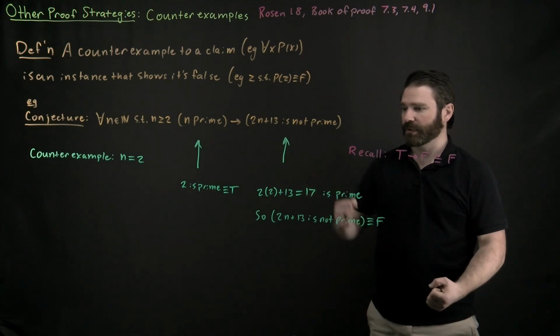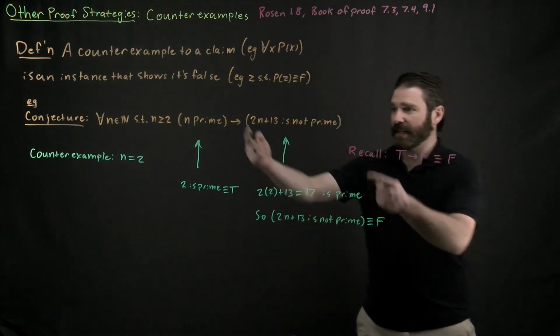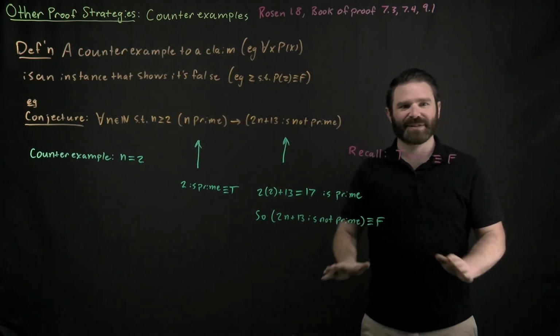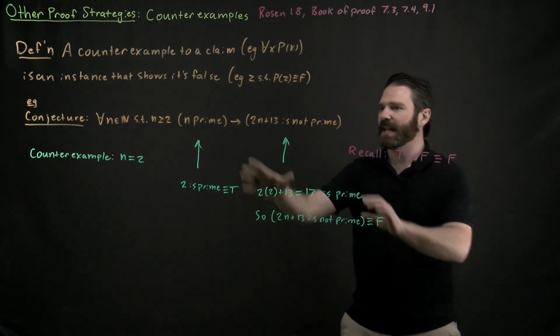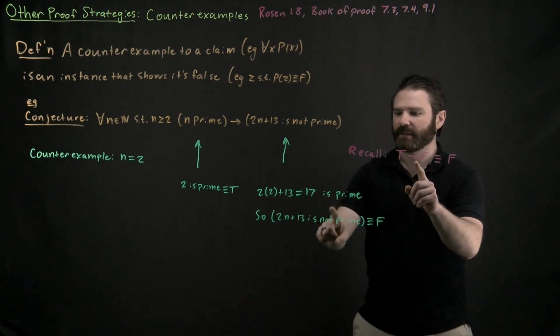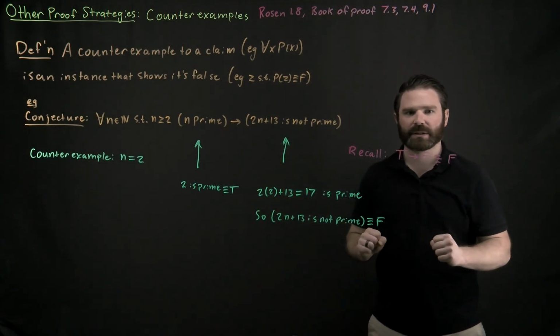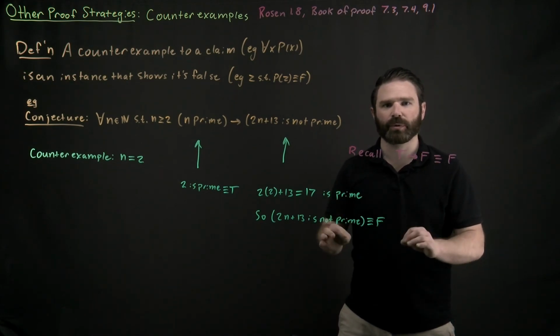When you plug in n equals 2, my hypothesis is true and my conclusion is false, therefore this whole implication is false. I have found an instance that shows that this claim is false, because I showed true implies false, so that means this is false. You should always look for a counterexample before trying to prove a theorem.